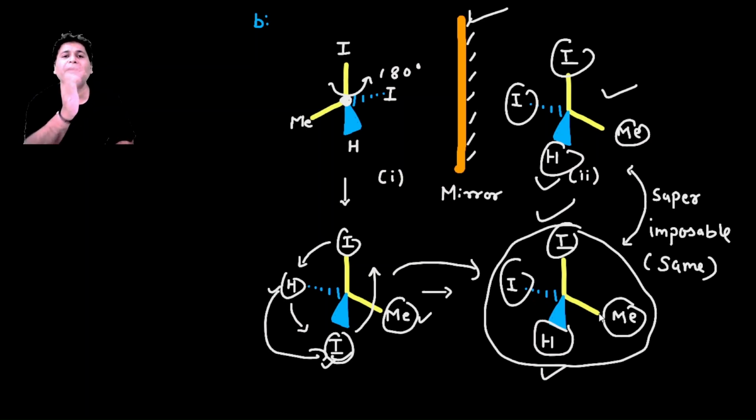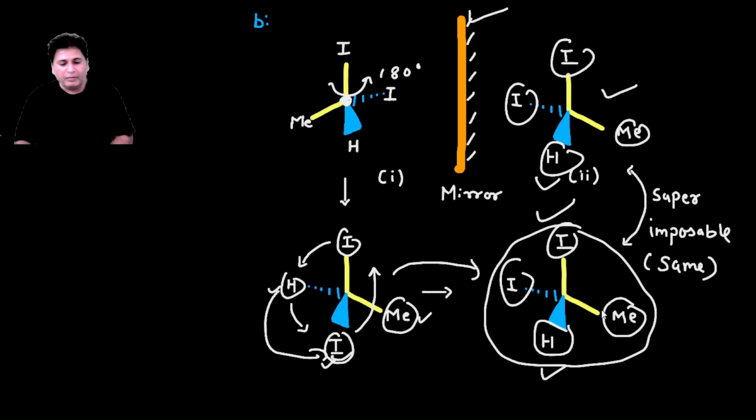It turns the plane polarized light either clockwise or anti-clockwise. However, if the compound is achiral, then if you pass the plane polarized light through it, it will not turn the plane polarized light either clockwise or anti-clockwise. That is a very important and major distinction between chiral and achiral compounds.